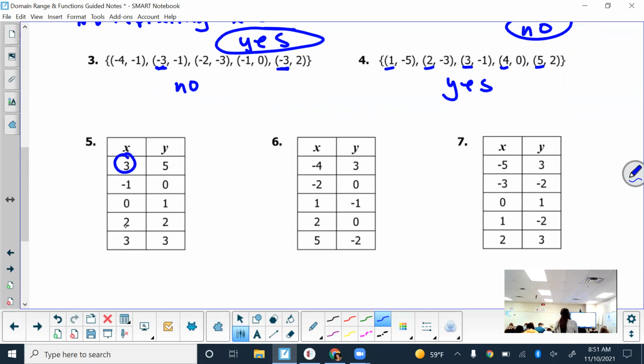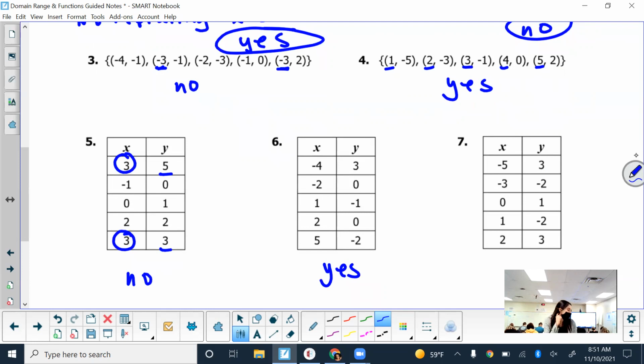Good. So just pay attention to those details. It's represented a different way this time, but you can still see all the x's clearly, right? So it's definitely not a function. Number 6, is it a function? Yes, there are no repeating x's, right? So it is a function.